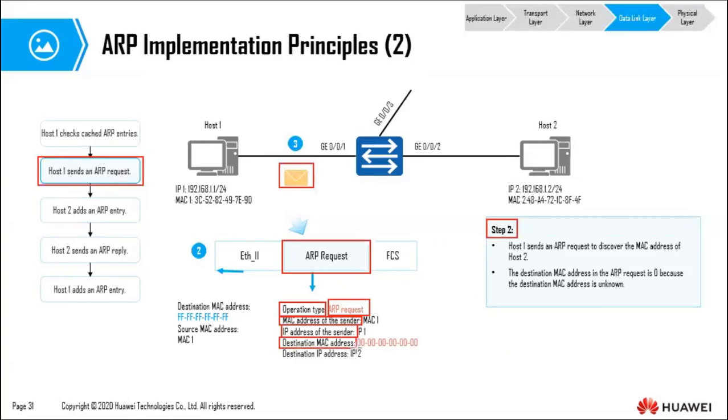See, that is what we want to know. So we are going to populate it with, what? All zeros. Please take note of that. It's a common question in the exam, okay? On the ARP header, the destination MAC address is gonna be all zeros. Then the destination IP address is going to be the IP address of host 2. Is that correct?